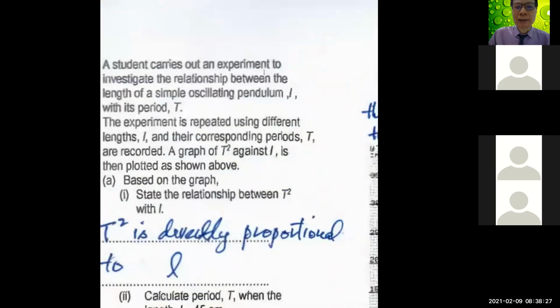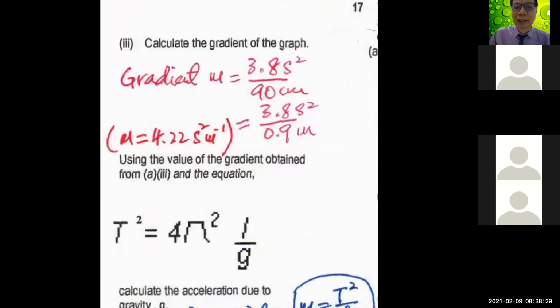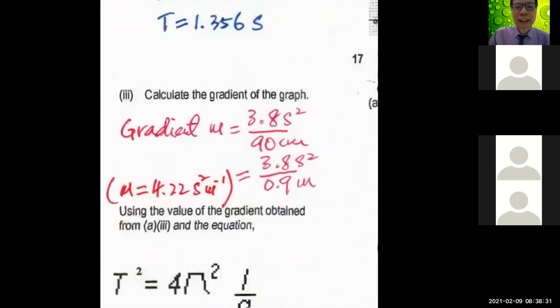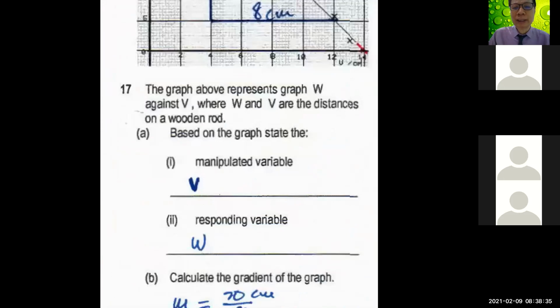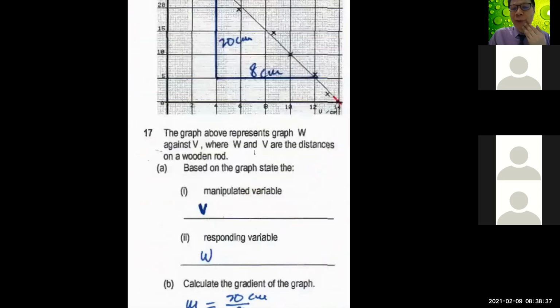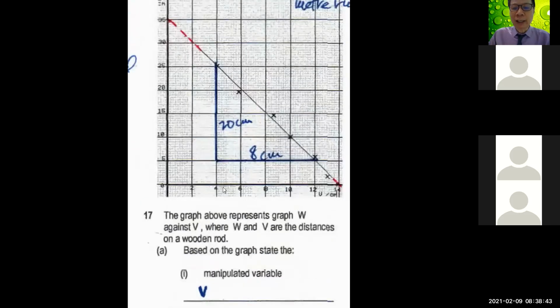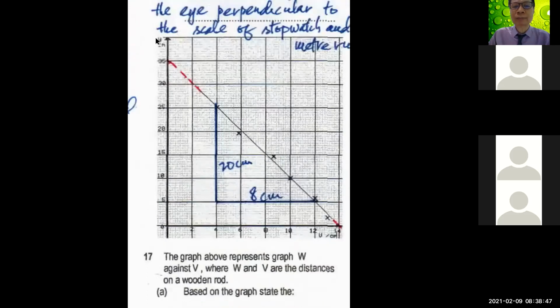And now we look at the last question, number 17. I think we haven't done it, isn't it? Okay, come. Question number 17. The graph represents W against V, where W and V are distances on a wooden rod. So W is distance, V is also distance.